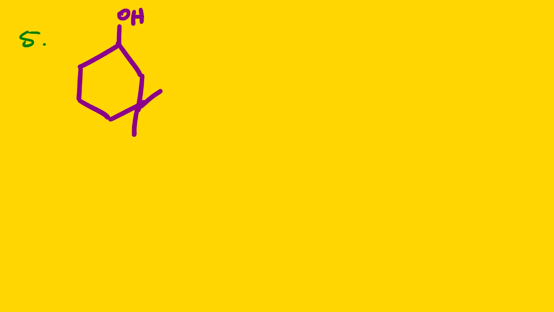Let's say we have this type of an alcohol. The first reaction, we are going to react this with a metal, and then secondly we are going to react it with our alkyl halide.